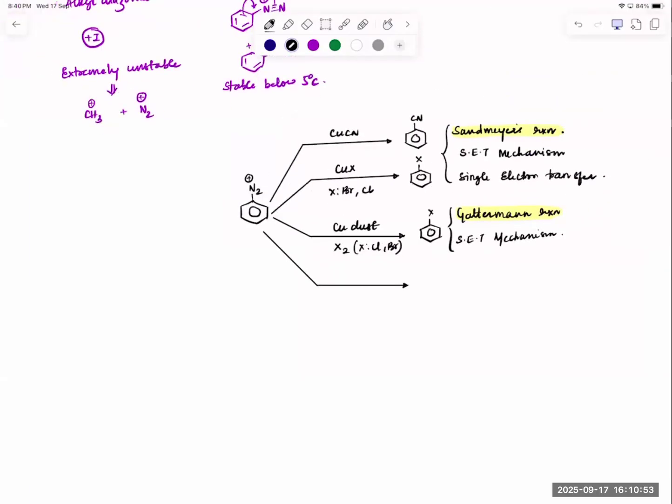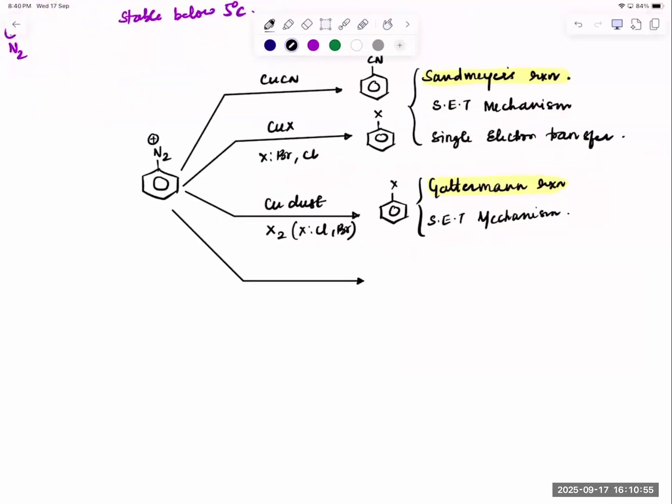Next, if you compare this with BF3 plus HF, here first you will get N2 plus and BF4 minus, a salt form.